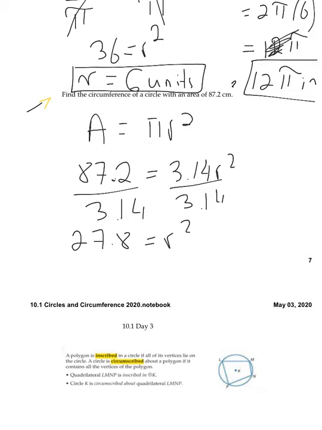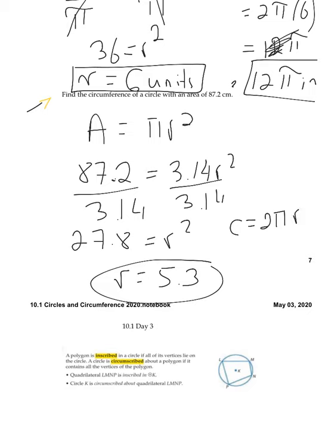So radius is equal to 5 and 3/10. So circumference would be 2 pi r, 2 pi times 5 and 3/10. 2 times 5 and 3/10 will be 10.6, so the answer is 10.6 pi centimeters. So the circumference will be 10 and 6/10 pi centimeters.